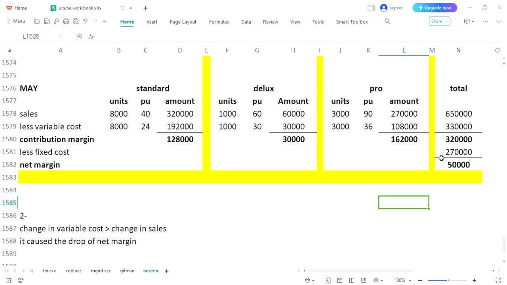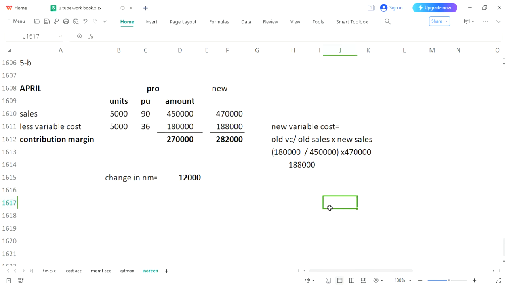But in 5b, you were not calculating everything. Just pro you have considered, pro's old contribution margin, pro's new contribution margin, and the difference you have calculated over here, new CM subtract old CM.